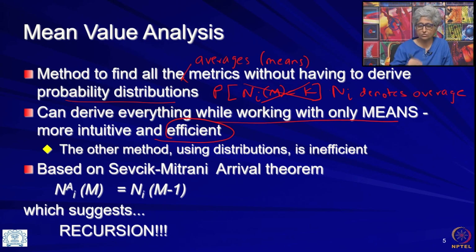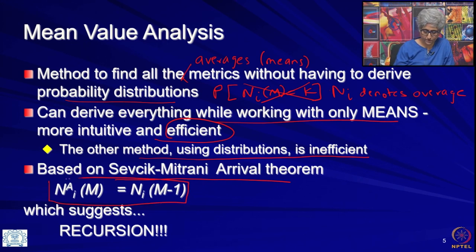So, we do not go through the random variable and probability distribution, we can directly work in means. This is important because there is a method which uses distributions, and this is very computationally costly. Sevcik-Mitrani theorem is extremely critical in deriving mean value analysis, and this is the heart.